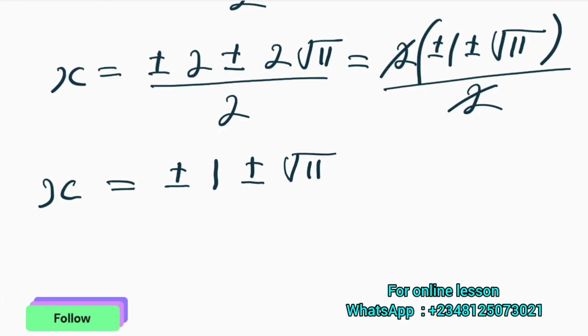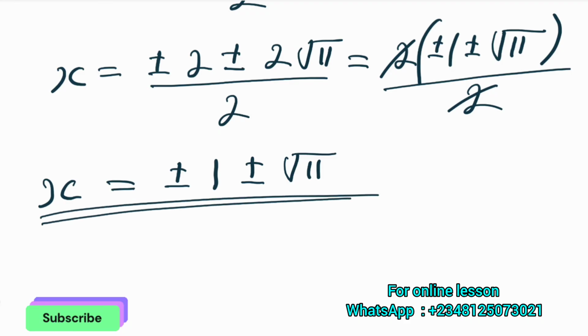So what does it imply? It implies that x has 4 possible values. The first one, we are going to be having plus 1 plus square root of 11. So the possible values of x are number 1, 1 plus the root of 11, that is the first one.